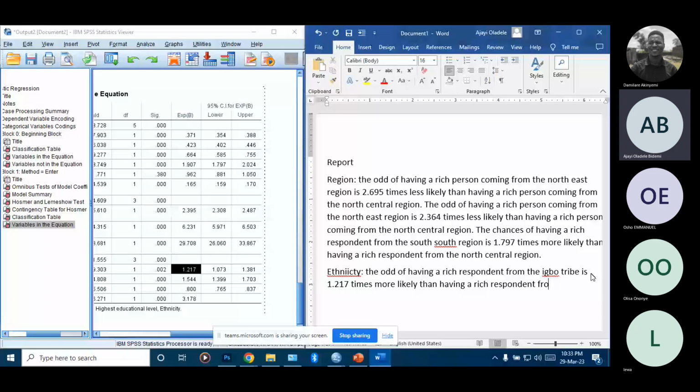What this is saying basically is that the Igbo tribe, according to the model we fitted, is richer because they are more likely to be rich than the Hausa tribe.